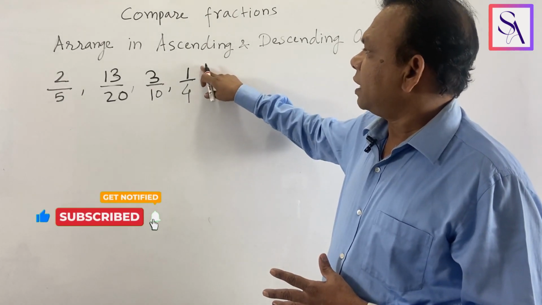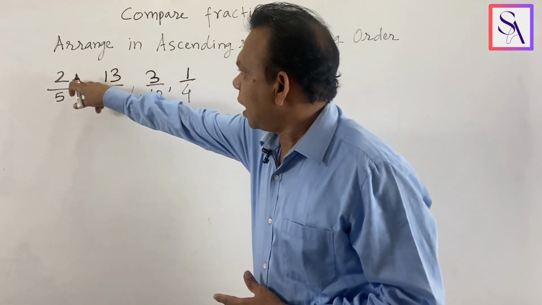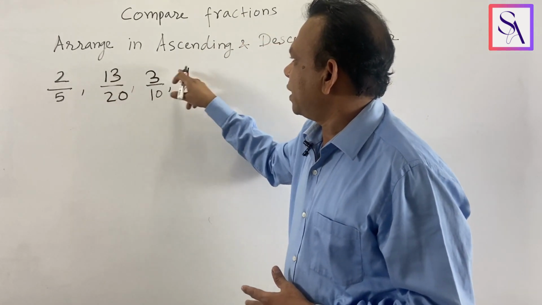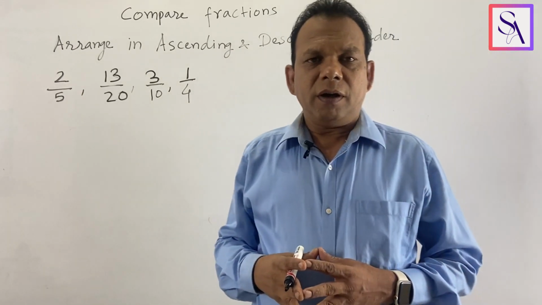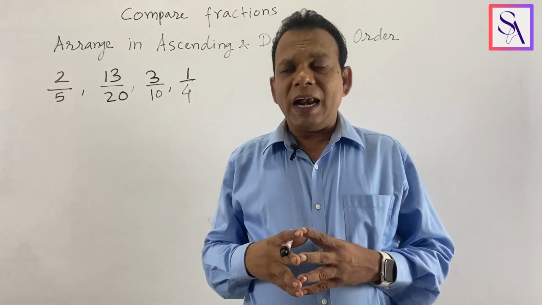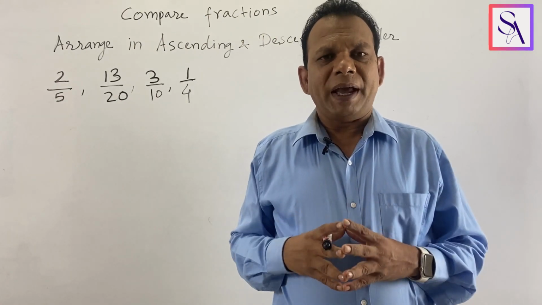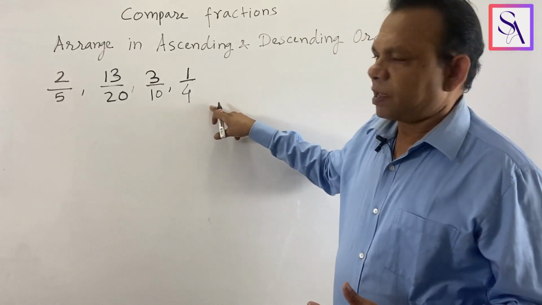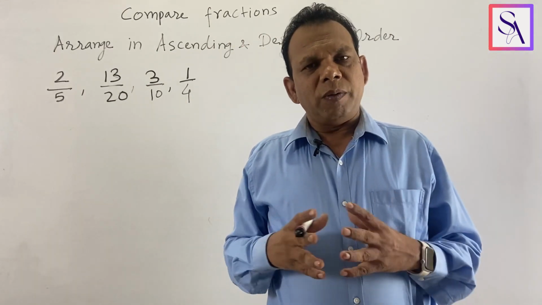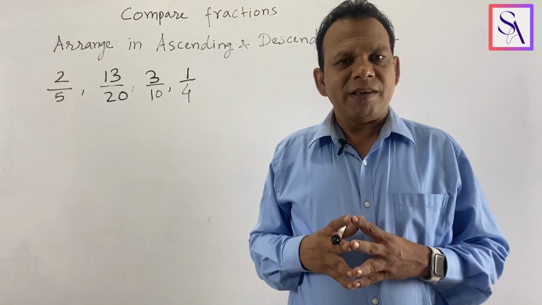If you look at the numerators, they also are different: 2, 13, 3 and 1. So what to do? We know that if fractions are unlike like this, then we normally make them like. It means we make the denominators the same. How do we normally make the denominators the same? By taking the LCM, by the LCM method.